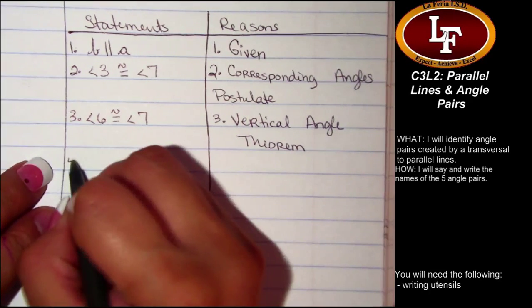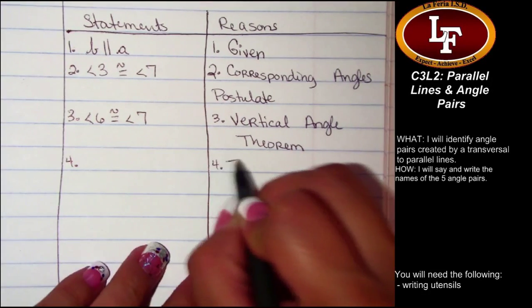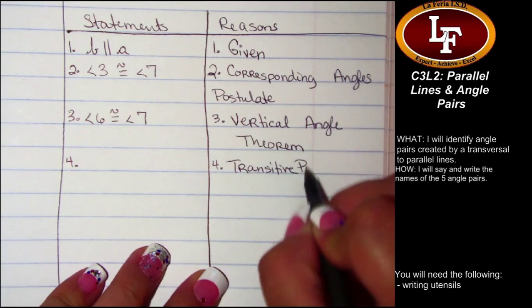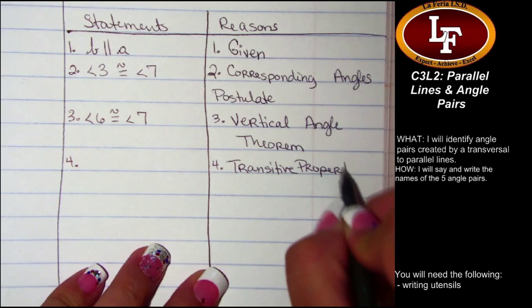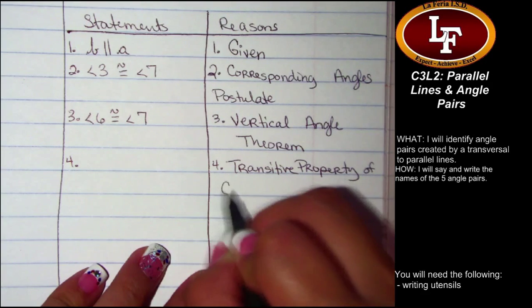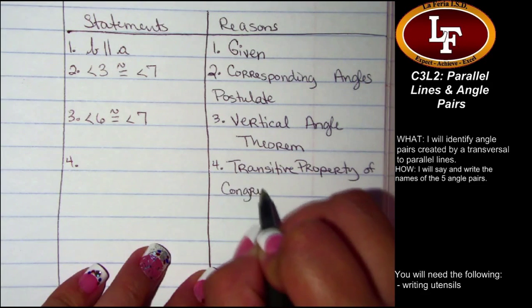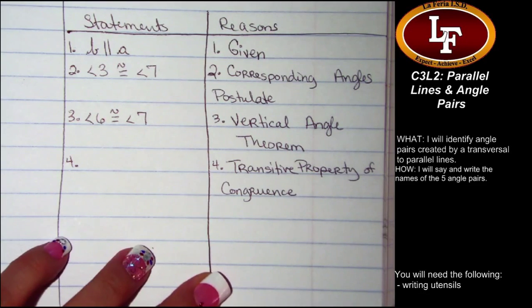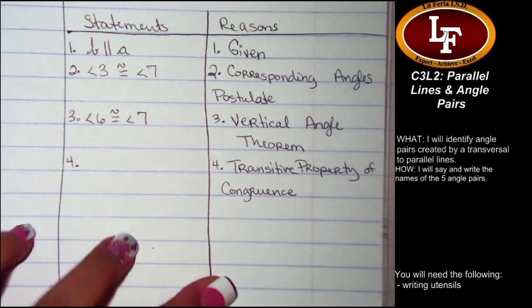Now that we had those, we put them together using the transitive property. And we're going to use this one of congruence because that's what we've been using this whole time. There is a transitive property of equality too, and so if you're dealing with numbers and an equal sign, you'll use that one. We're dealing with congruences, so we're going to use the one for congruence.